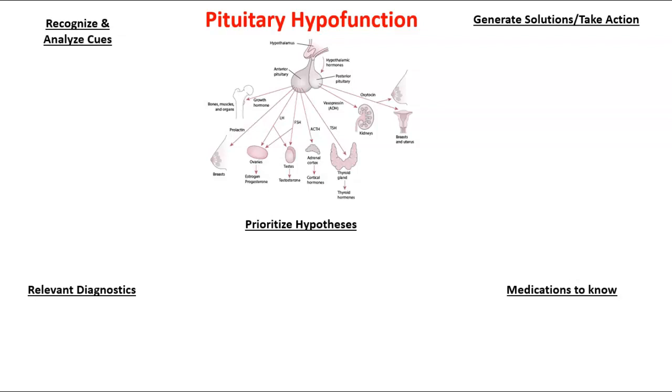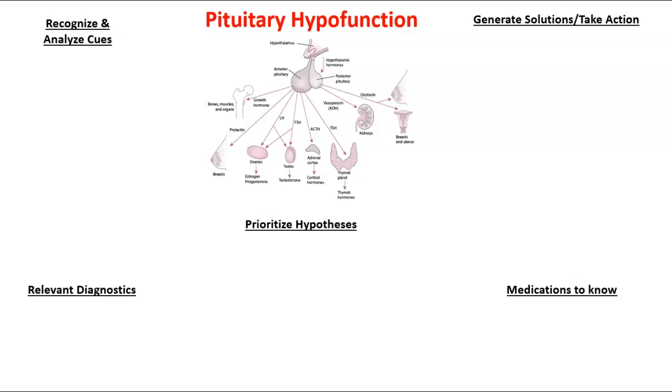Then we have to check the labs at baseline, 30, 60, and 90 minutes. We look for glucose, growth hormone, cortisol. Do you see any concern with giving somebody who's not a diabetic insulin? Hopefully you do. So always keep D50 on hand. We might need to treat them.